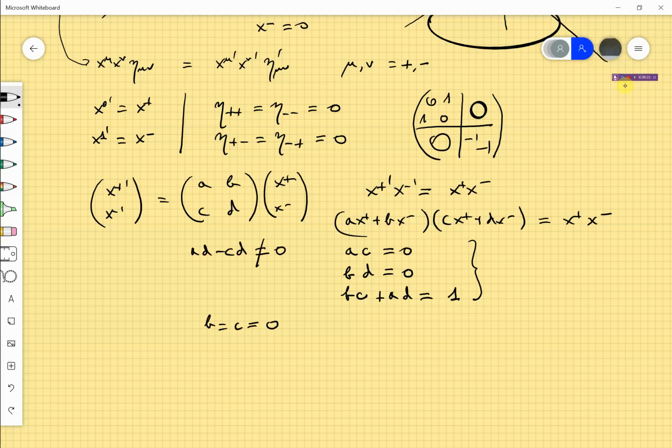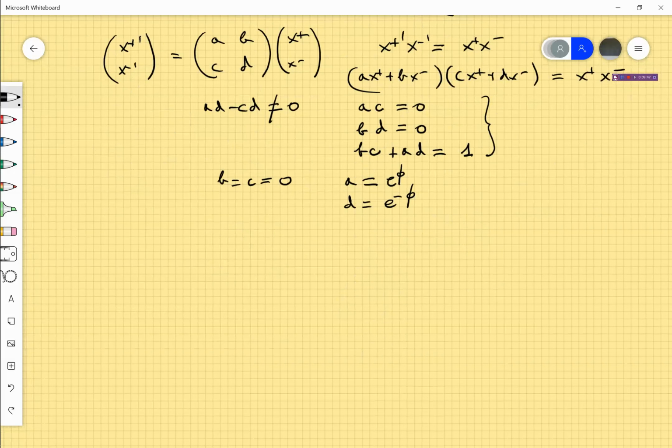Okay, and you stay with a times d equal to 1, and a convenient parameterization of a and d is that a is equal to e to the phi, phi some real parameter, so d is the inverse, it is e to the minus phi.